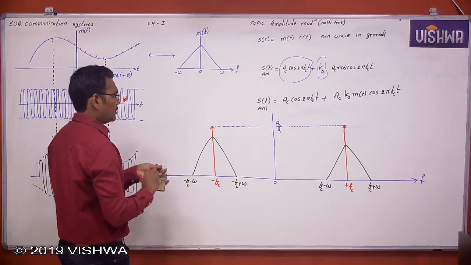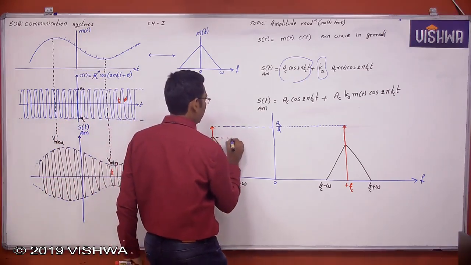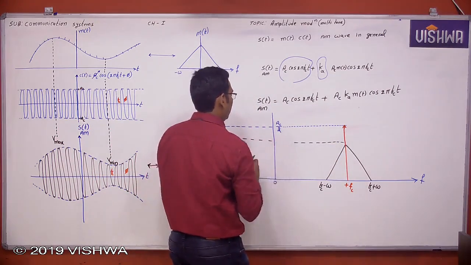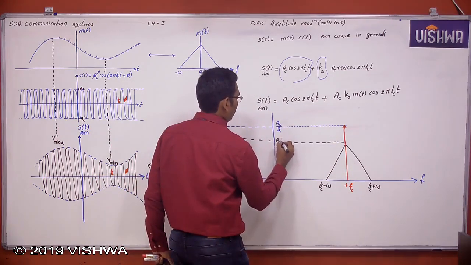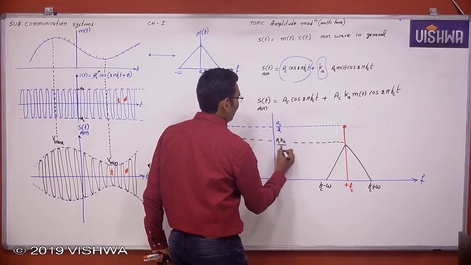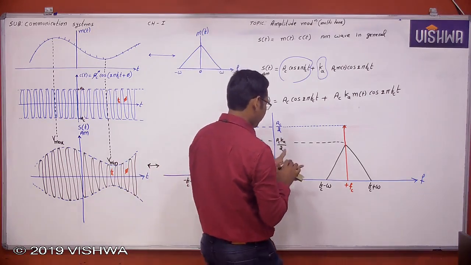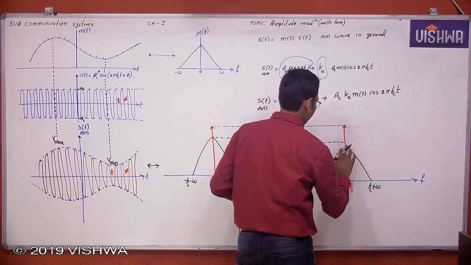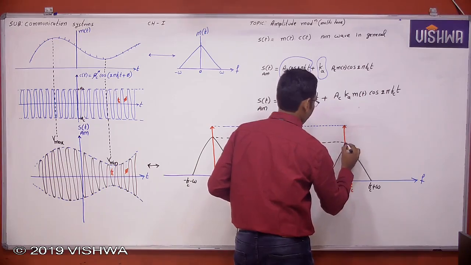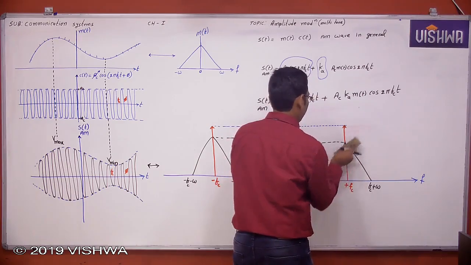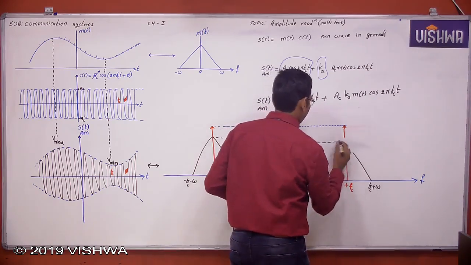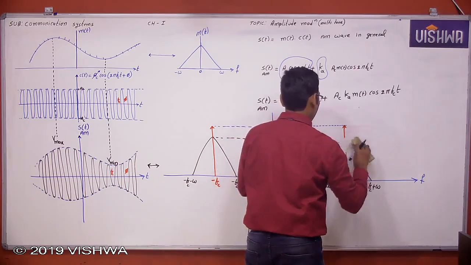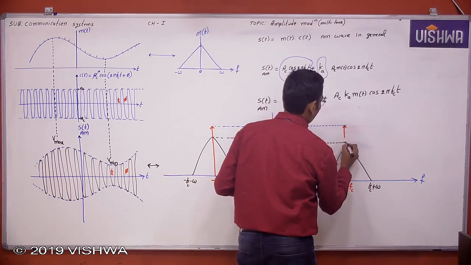Now this is Ac Ka by 2. This is just the frequency shifting property.